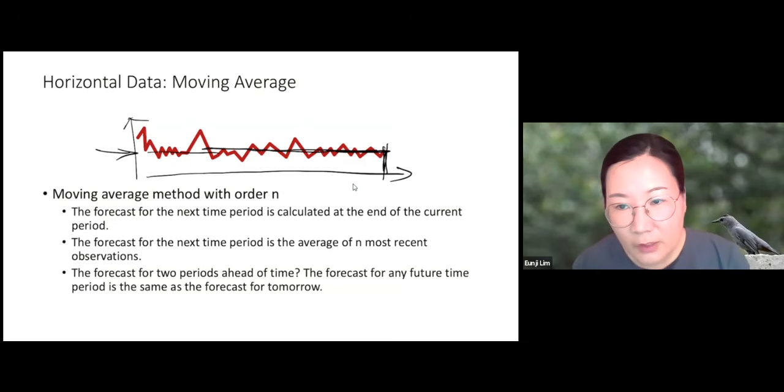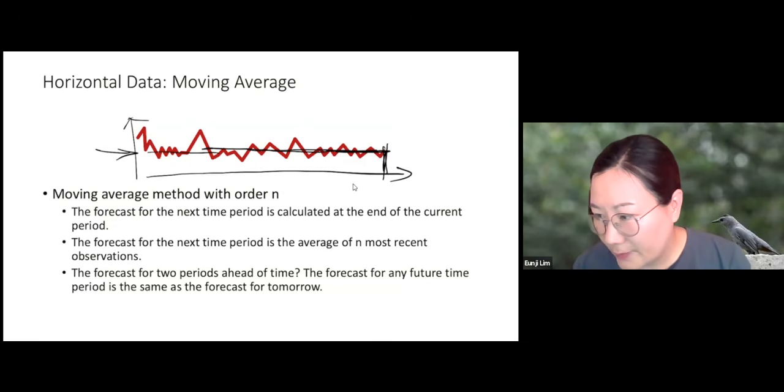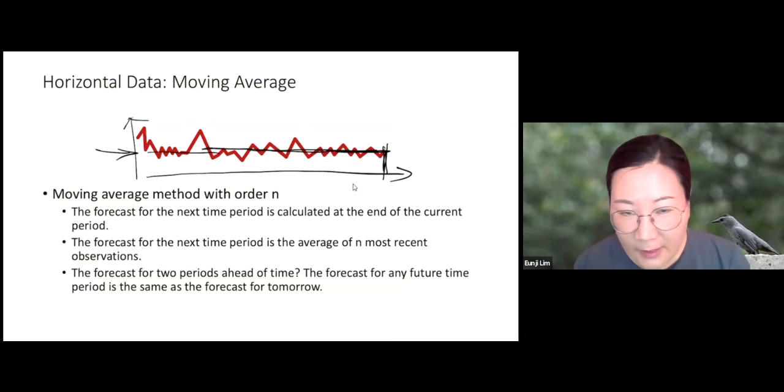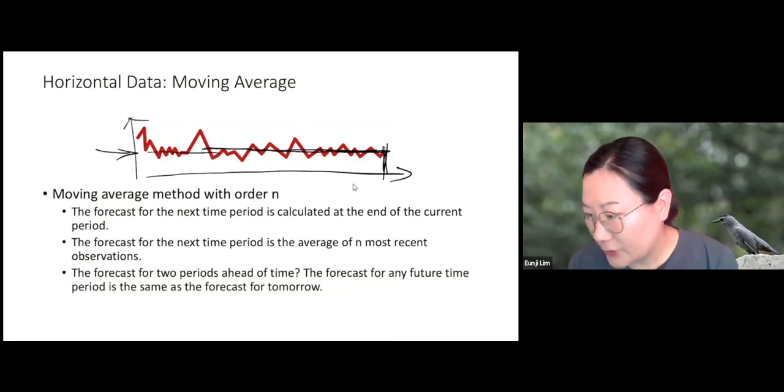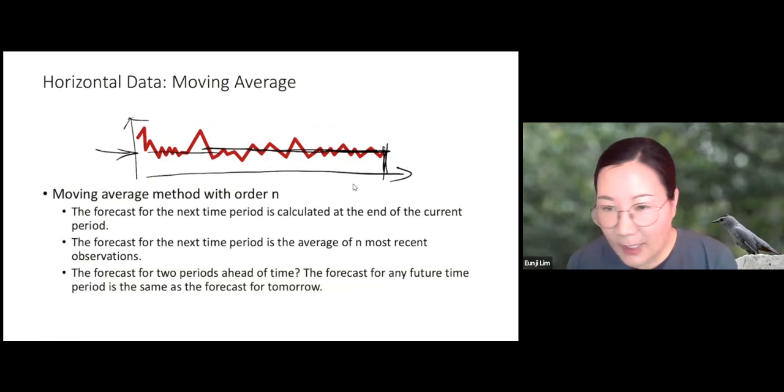So how can you find this constant level? Remember, our data set has some daily fluctuations. So then how about averaging some of the data points? So how many data points should you average?